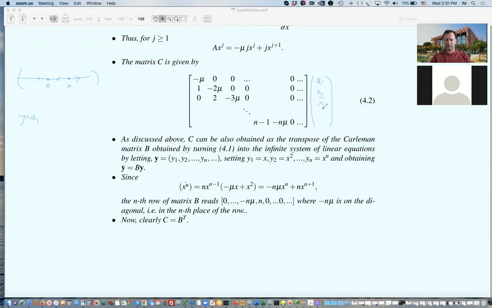And then it has some other elements here. That's what I'm doing. And so I have minus mu A1 plus mu A1 over mu. You see, the only element in the first row of C is minus mu, so I multiplied that with A1.